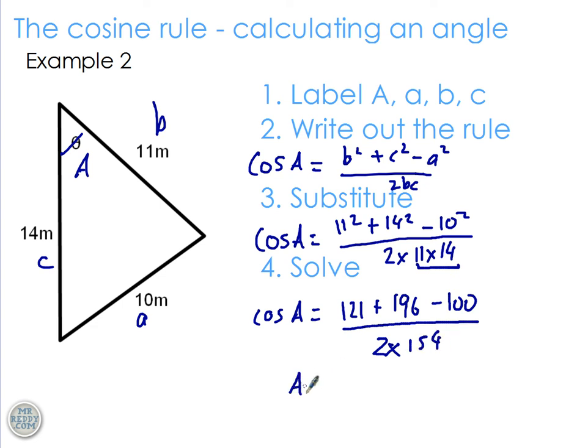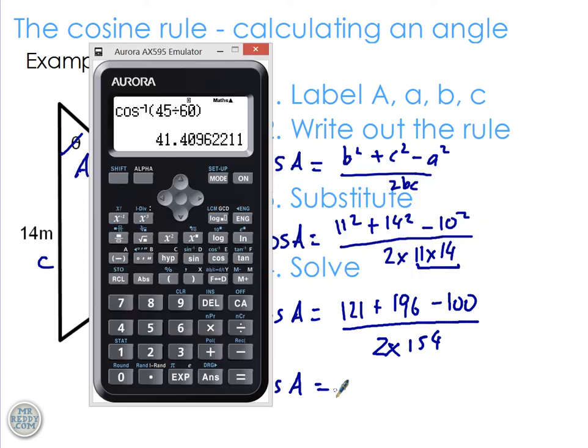So cos A equals, let's put that into the calculator then. 121 plus 196, take away 100, divide that by, open brackets, 2 times 154, which we know is 308, but I'll do it anyway. And you get 31 over 44.